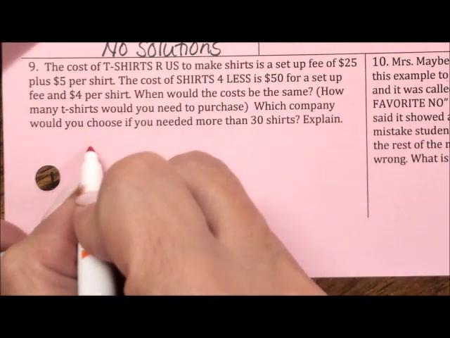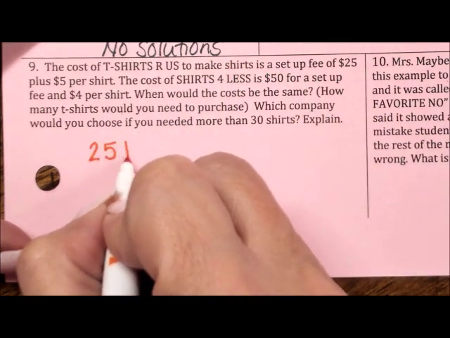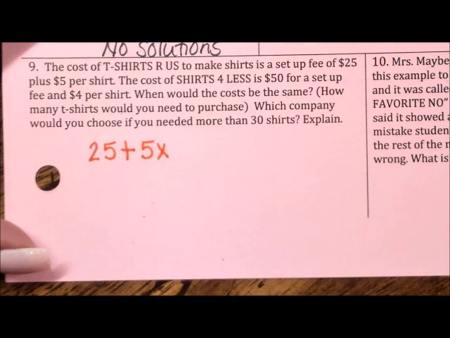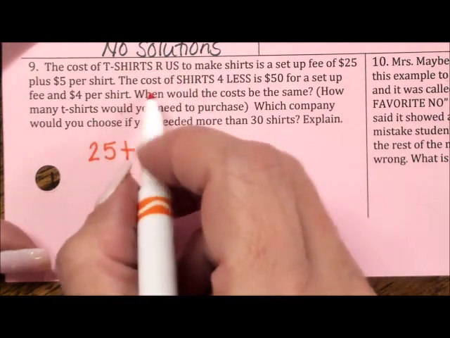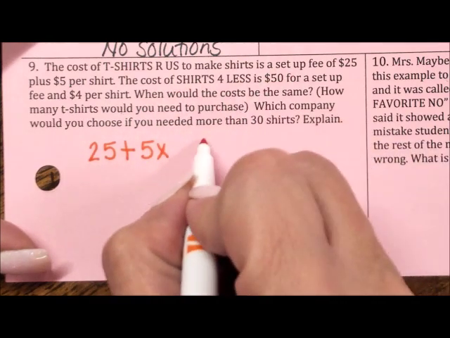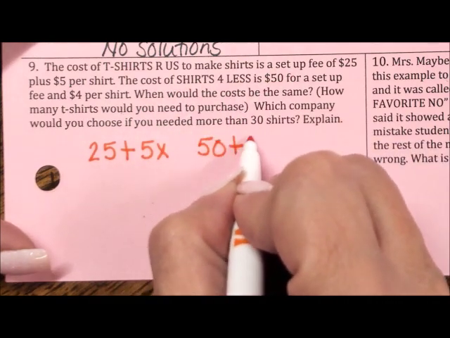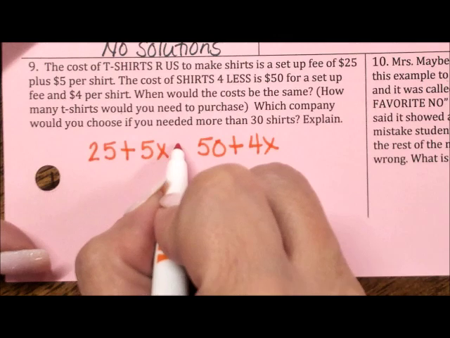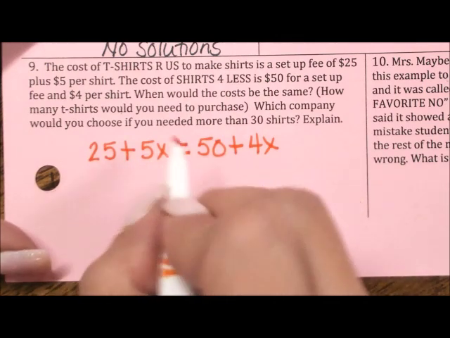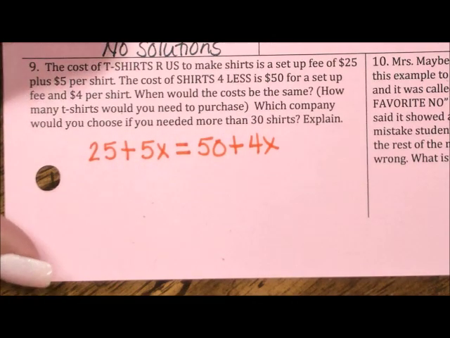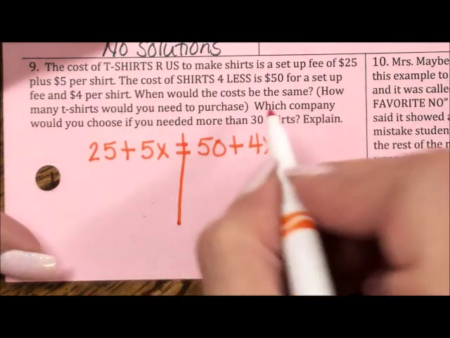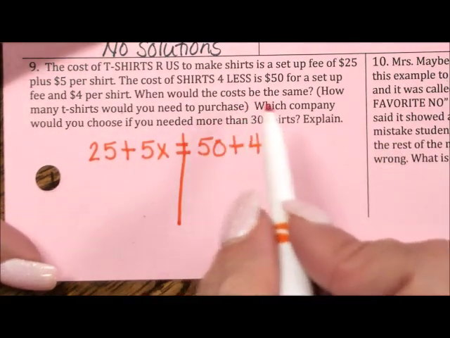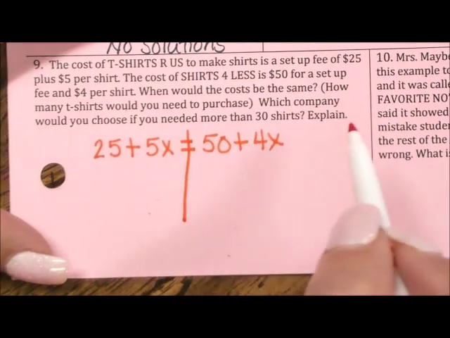Okay, so we have a setup fee of $25, and we're going to pay $5 for every shirt. That's going to be the T-shirts R Us. The cost of Shirts for Less is a $50 setup fee, but we're only paying $4 per shirt. If you want to know when they are the same, you're going to set them equal to each other. Okay, so you'll solve this. Then you're going to say, which company would you choose if you needed more than 30 shirts?